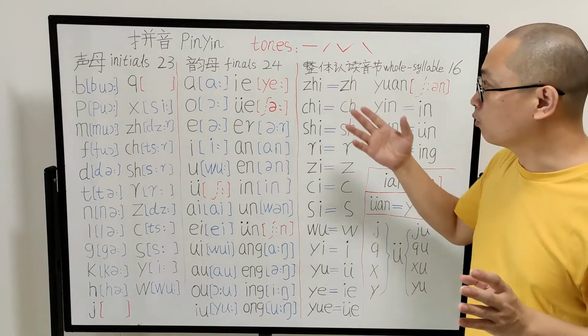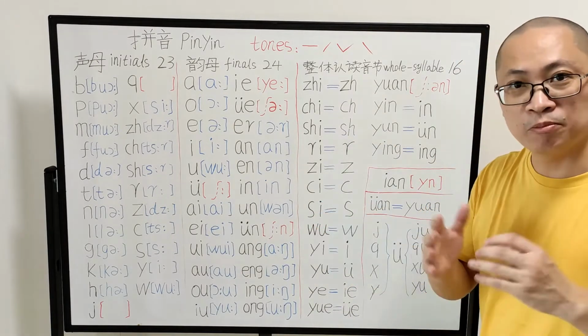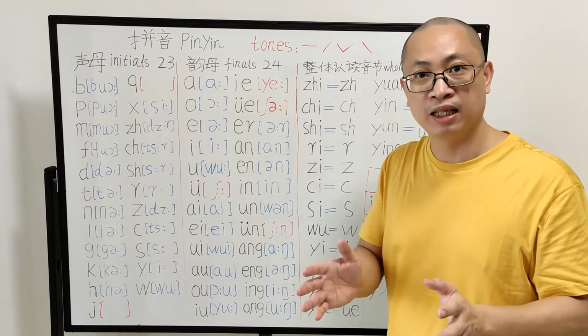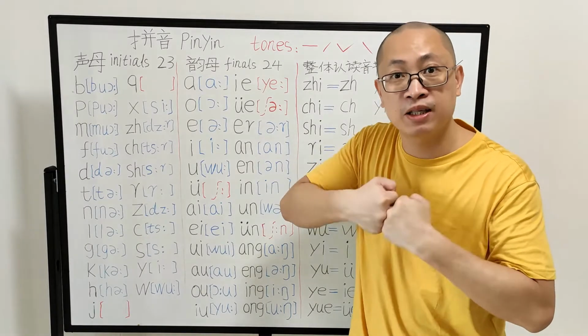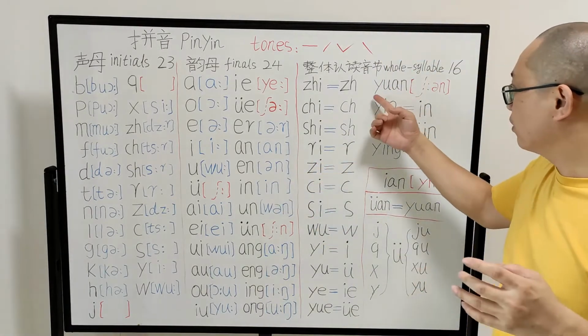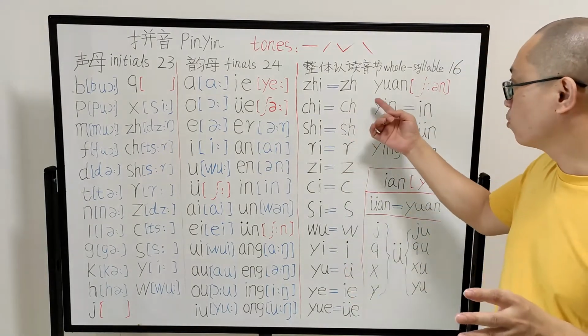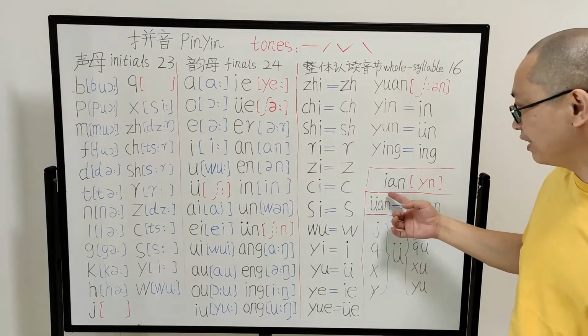Yun. Although this whole Latin letter system simplify the mark of Chinese pronunciation, but they still cannot match perfectly. And this whole syllable is a special case. Yuan. Okay, look, here's another special case.